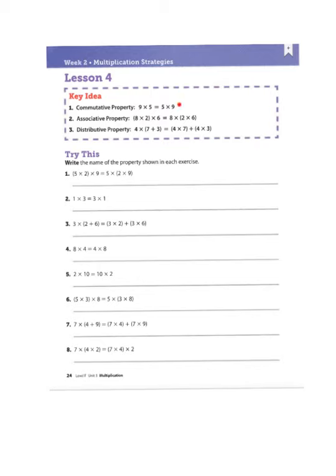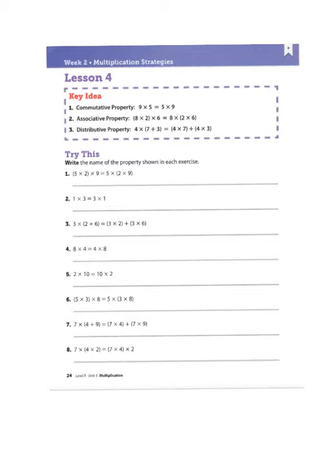To change it, all they did was take the parentheses and group them to the next problem. So 8 times 2 times 6, but now my parentheses are around 2 times 6. So the associative property, you're just grouping both problems together, okay?